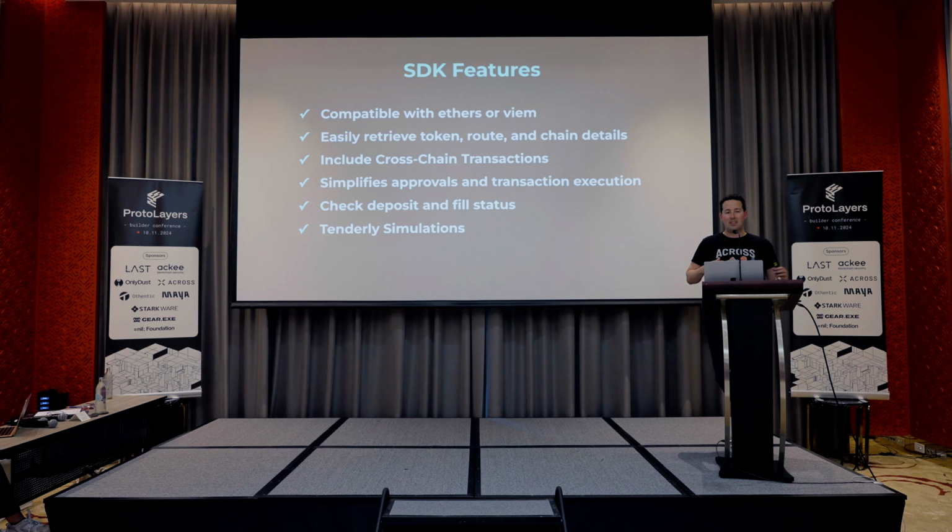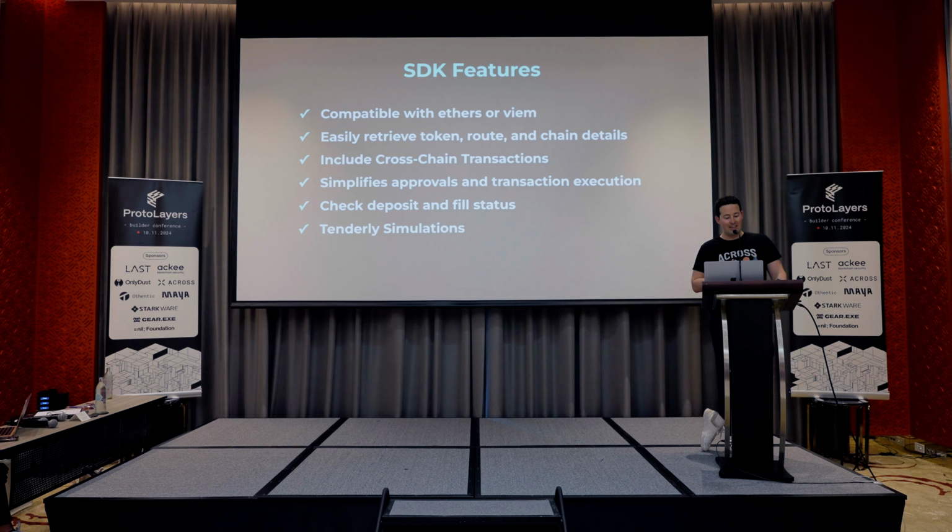Basically, we've had teams integrate over the past 6 to 12 months. We've just taken all that feedback and incorporated it into this SDK. Some of the features worth mentioning: we've made sure that the SDK is compatible with Ethers or Viem. A lot of teams don't want to manage all these configurations for tokens and chains and routes, so we've made that really easy to do.